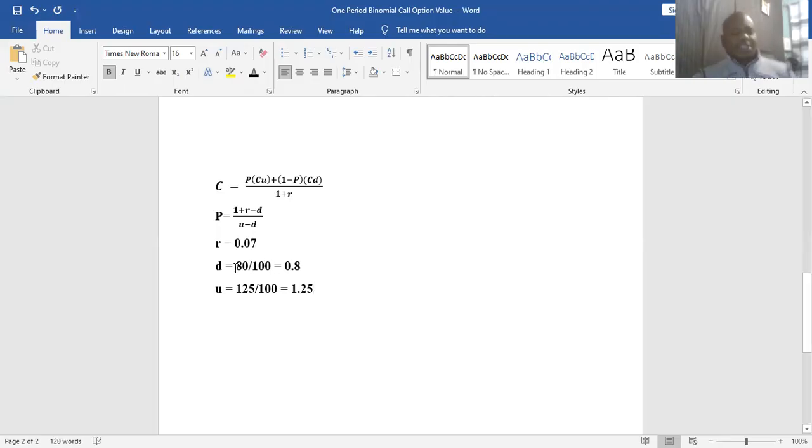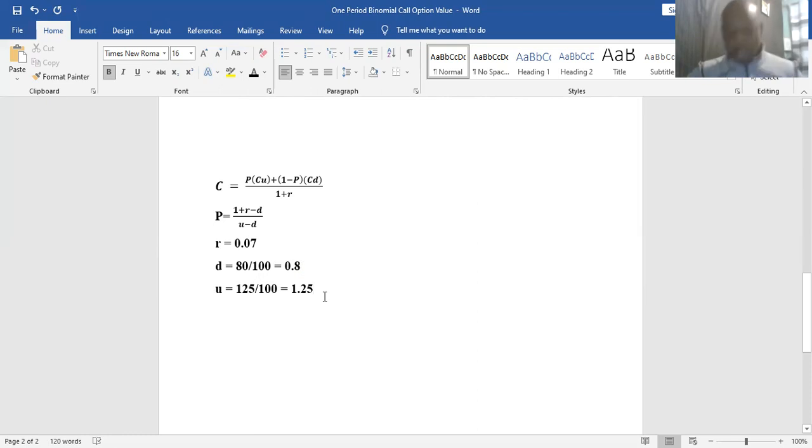So my D is when the option goes down, the possible reduction from the original value is 80. So 80 divided by the original value gives me 0.8. When it goes up, my U, my possible value for going up is 125 since it's going up by 25%. And then I divide it by the original value, which is 100. All right, so it gives me 1.25.